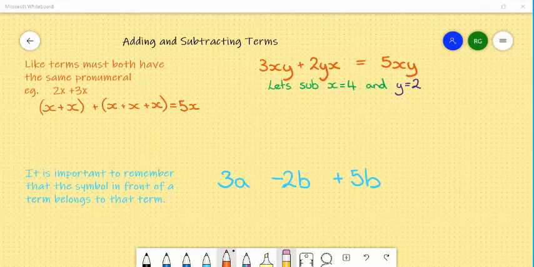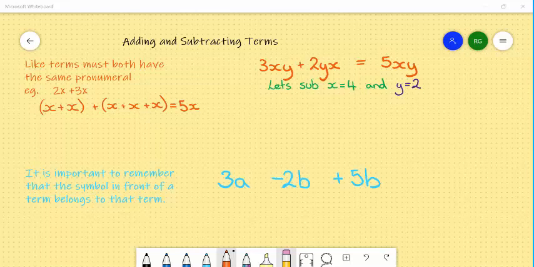Looking over to the right hand side of the whiteboard, I have an example in orange again that is 3 lots of xy and 2 lots of yx. They are like terms. We need to remember from a couple of lessons ago the commutative law.